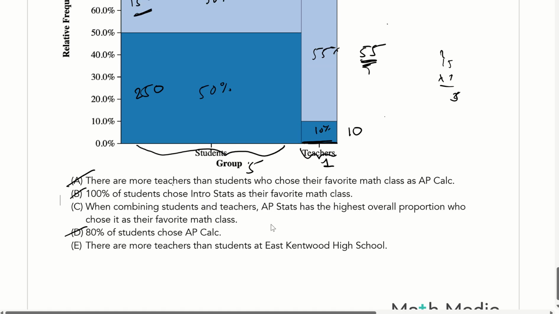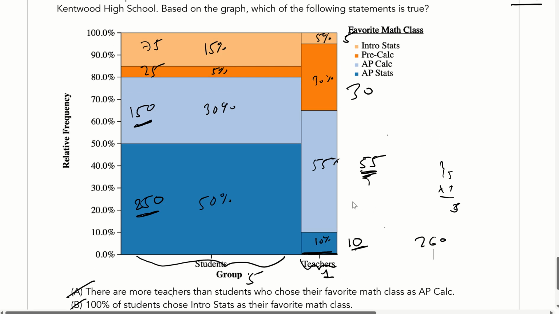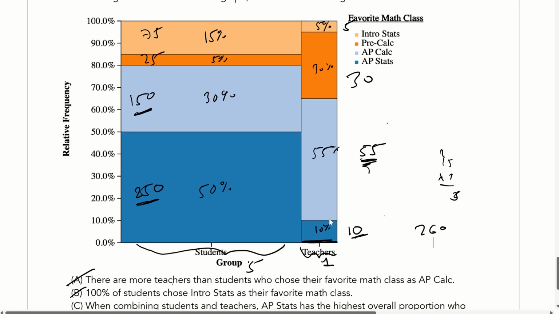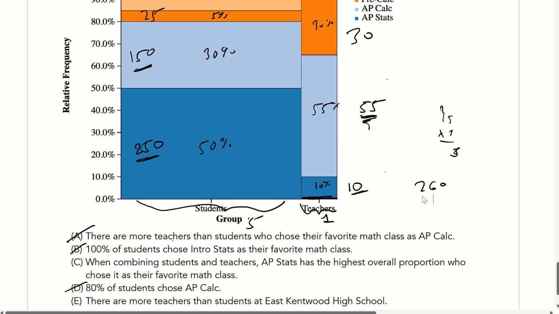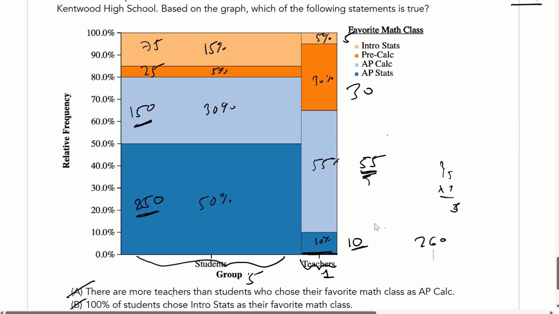Okay, when combining students and teachers, well, that's 250 plus 10, right? So that's 260 folks. All right, so 260 folks. Now, is that more than anybody else? It says has the highest overall proportion who chose it. So that's 260 when combining students and teachers. So 260 out of how many exactly?